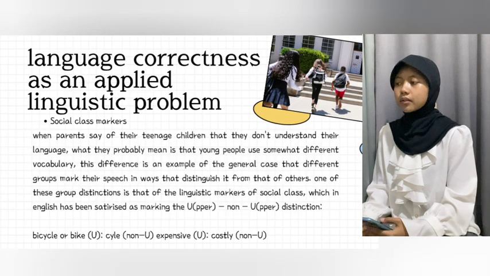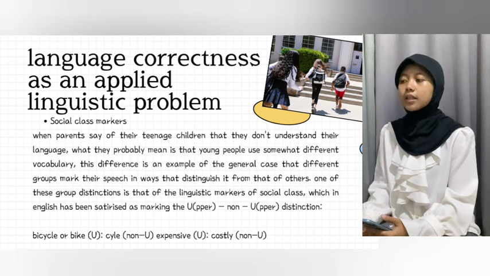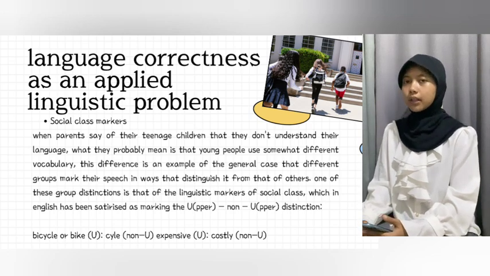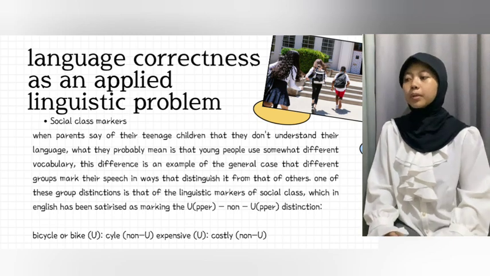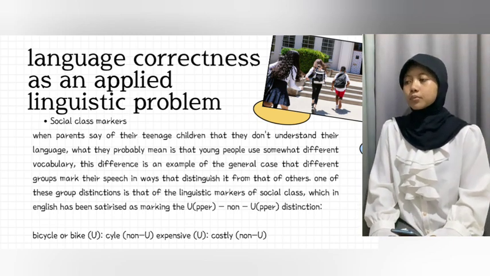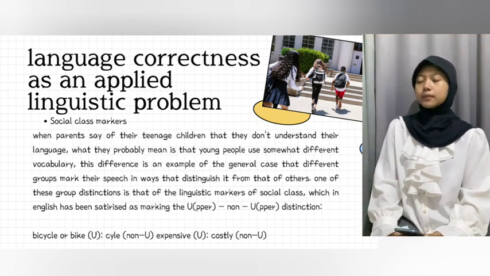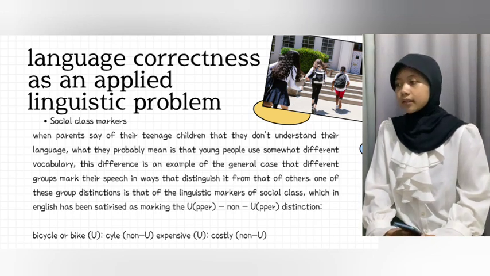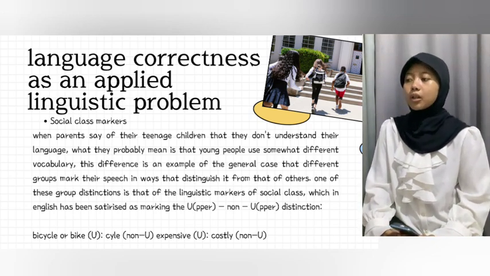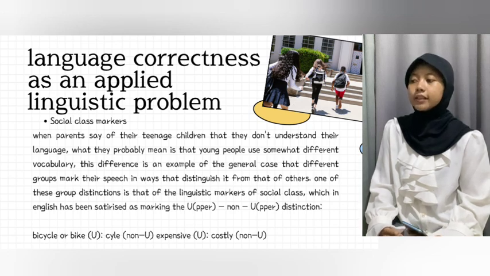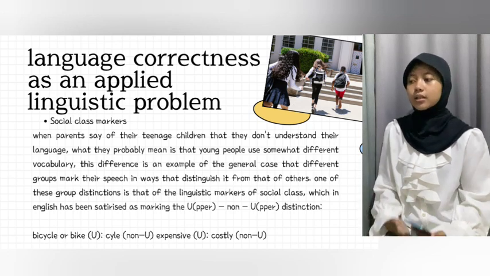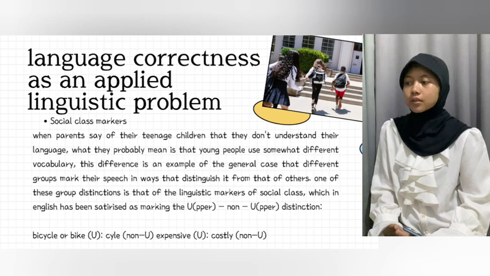Social class markers. When parents say of their teenage children that they don't speak their language, what they probably mean is that young people use somewhat different vocabulary. This difference is an example of the general case of different groups marking their speech in a way that distinguishes it from others.